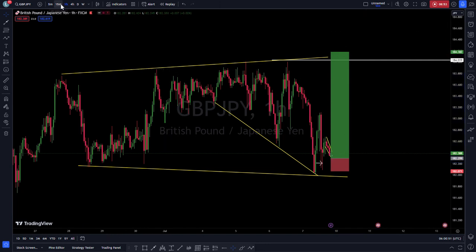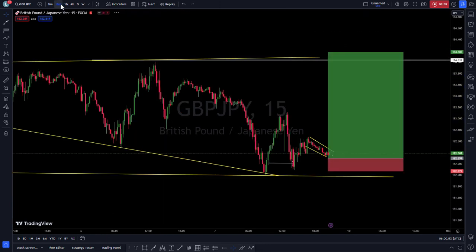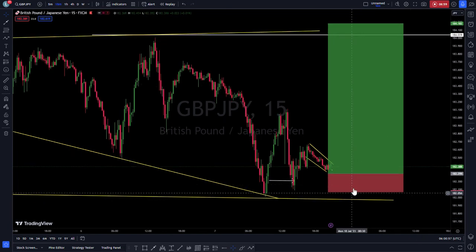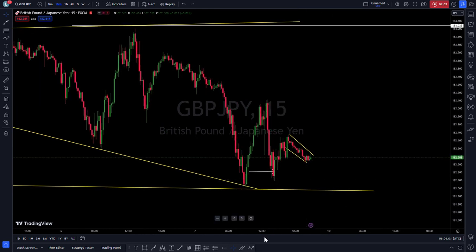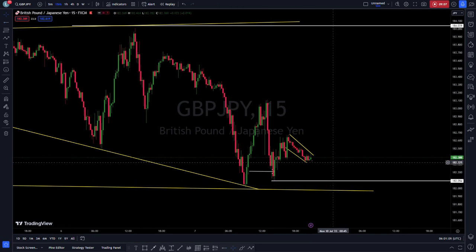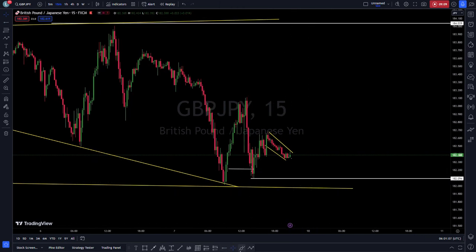Let us see how we are going to enter this trade with the entry. So now you can see something like a descending type pattern.